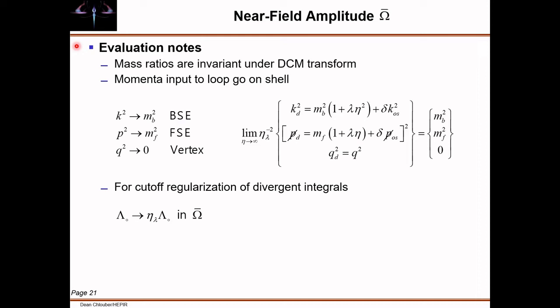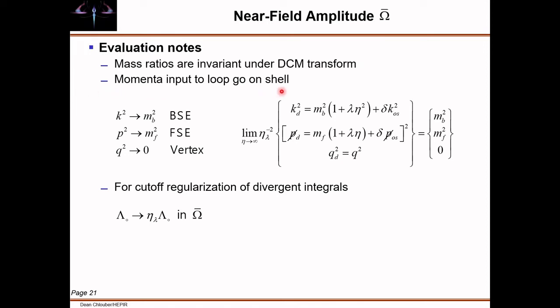Now just a few notes on the evaluation of the near field or dress core amplitude, omega bar. Mass ratios in the scattering amplitudes are invariant under DCM transforms. And the momenta input to a loop go on shell.